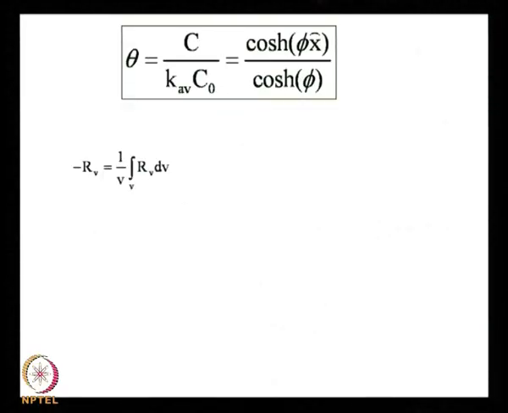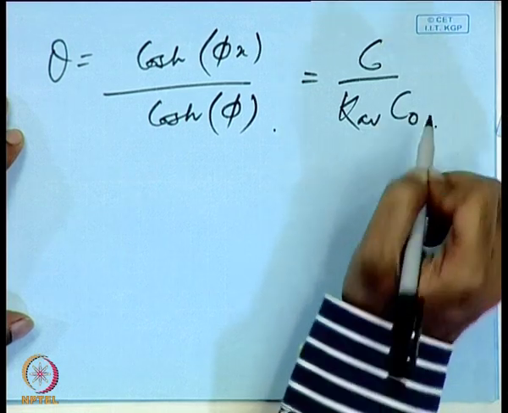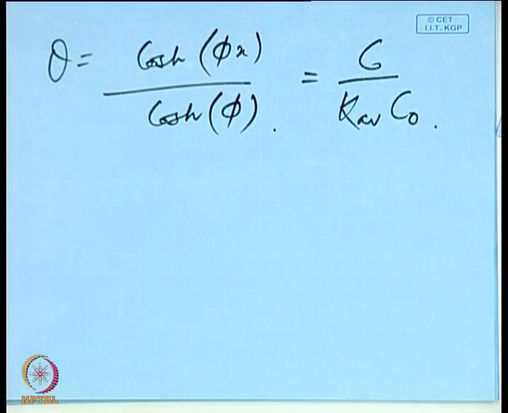So, this is what I have over here, which equals C over K V C naught. Okay. Now, what do we intend to do now? What we intend to do is find my effectiveness factor, eta.